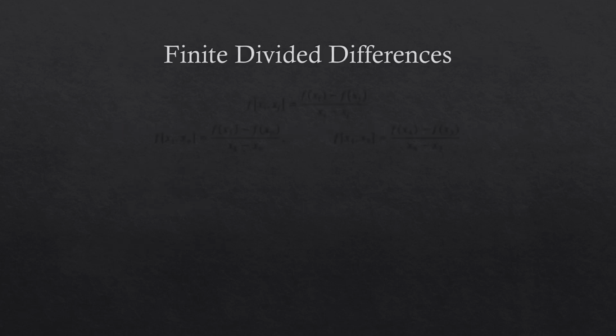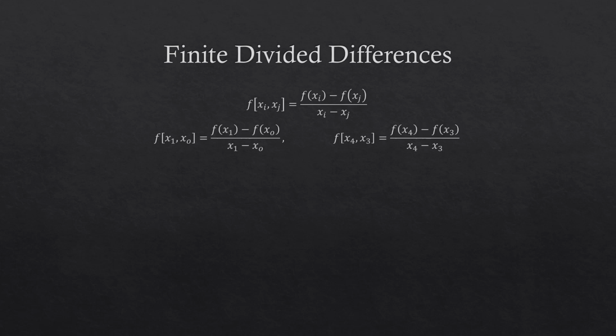So for the finite divided differences, the first finite divided difference, f of x sub i, x sub j, is equal to f of x sub i minus f of x sub j all over x sub i minus x sub j.